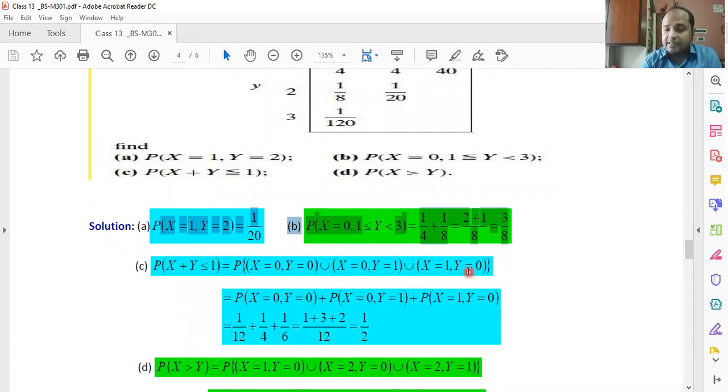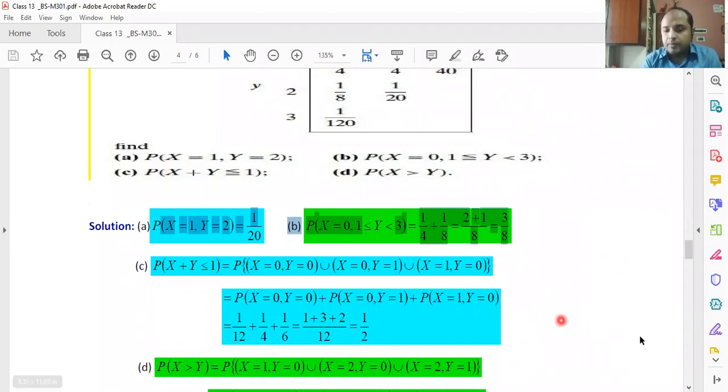Their sum total is at most 1. They are all mutually exclusive, so I can apply the rule that the probability of a union of mutually exclusive events is equal to the sum of their individual probabilities. So I have written this as probability of X equal to 0, Y equal to 0, plus probability of X equal to 0, Y equal to 1, plus probability of X equal to 1, Y equal to 0. All the probabilities have been taken from the table and put over here, and the result comes out to be 1 by 2.